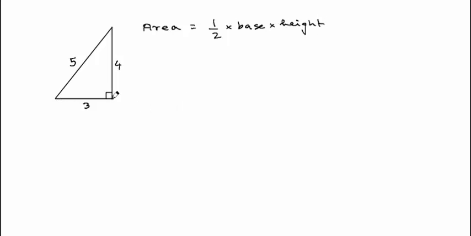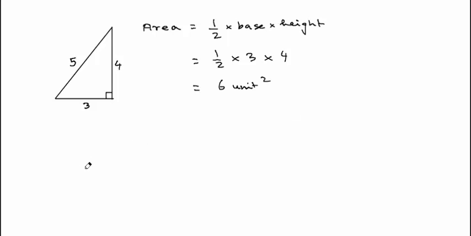So if I take 3 as my base, this is equal to 1/2 times 3 times the height, which is the perpendicular distance of the opposite vertex from this side, and therefore that's the 4 side. So this is equal to 1/2 times 3 times 4, which is 6. So the area is 6 square units.